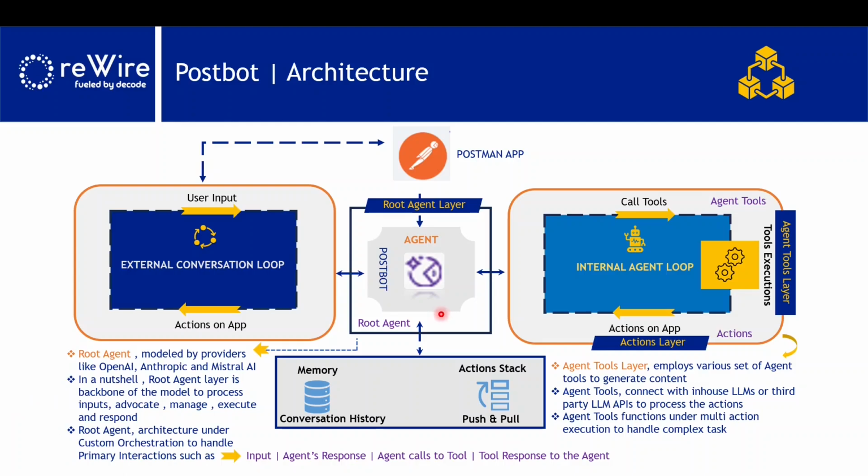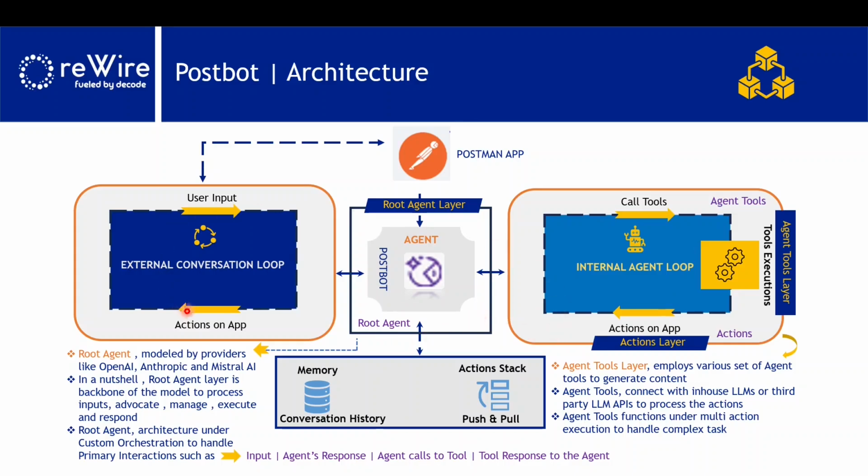Earlier we talked about how Postman needs user input and a context-aware window, and that will be taken to the Postbot context layer, and that will again be treated into the AI skills and actions. So AI skills and actions, those two phases will be treated by this particular agent.